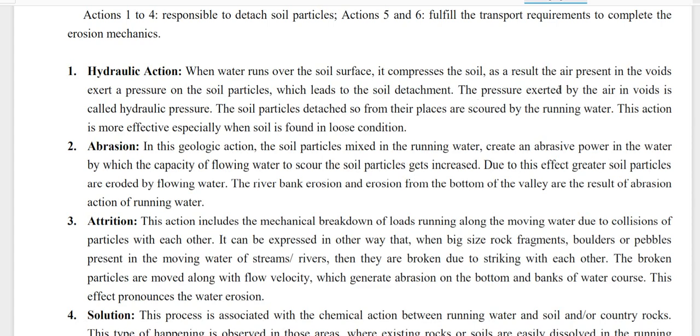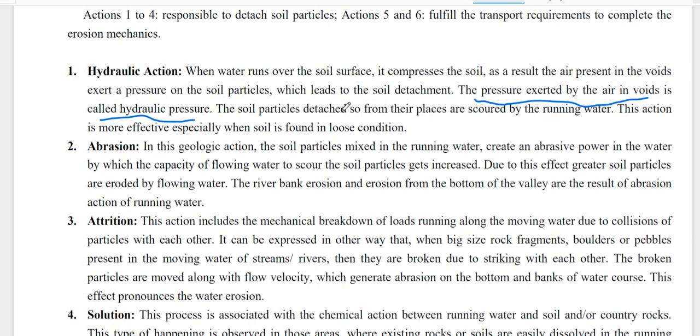The pressure exerted by the air in the voids is called hydraulic pressure, and that pressure is the hydraulic pressure only that was present in the soil. Okay, so the soil particles detached from their places are escorted by the running water.